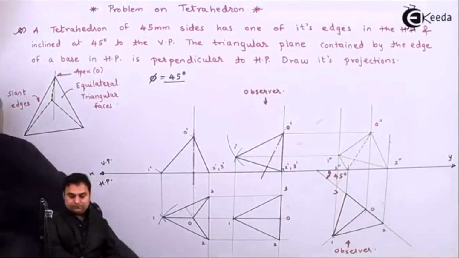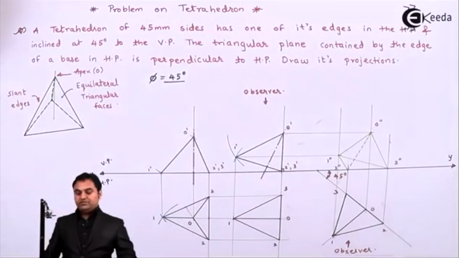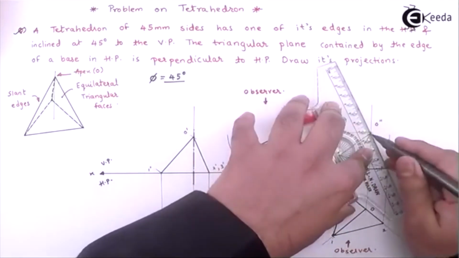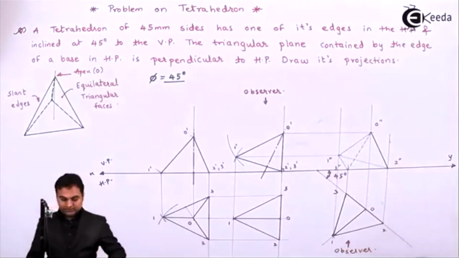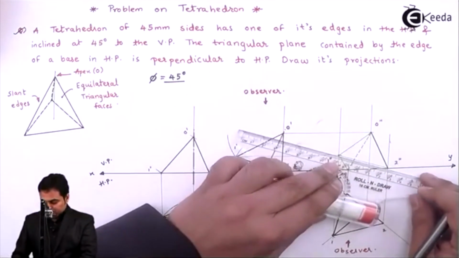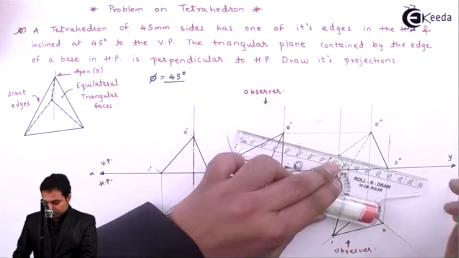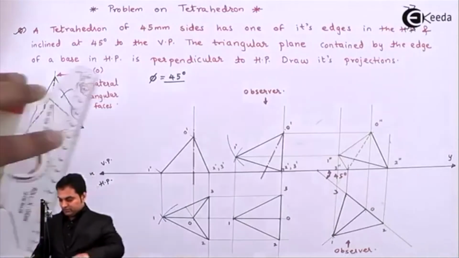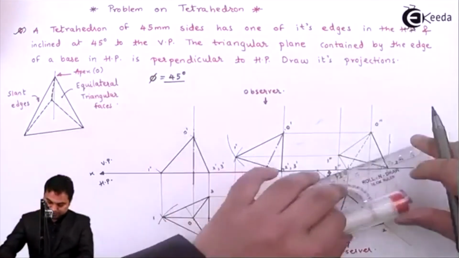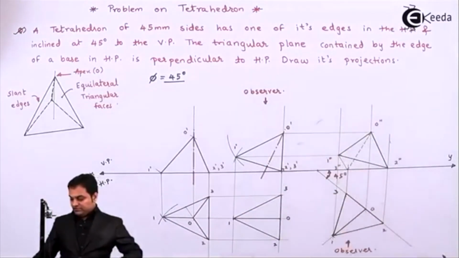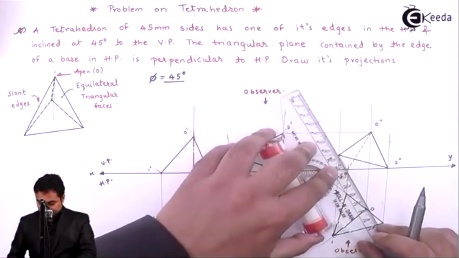After I have made this tetrahedron light, now I'll make it dark, connecting O double dash to 2 double dash, then from 2 double dash to 1 double dash, then O double dash and 1 double dash, then 1 double dash and 3 double dash will be connected.